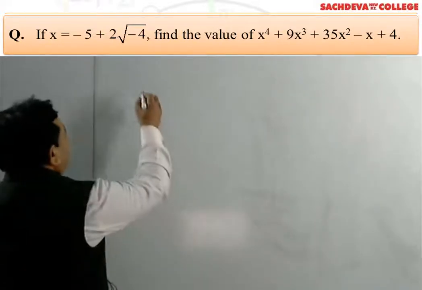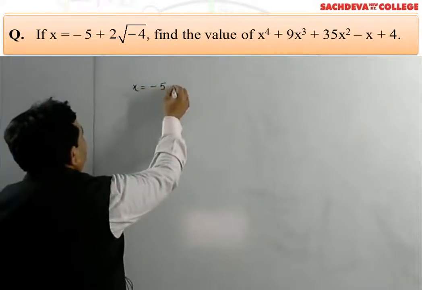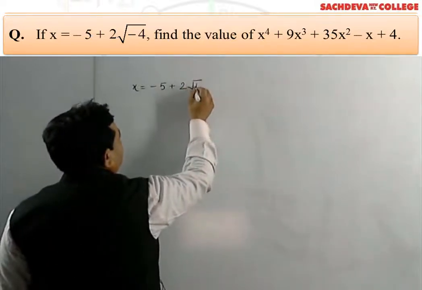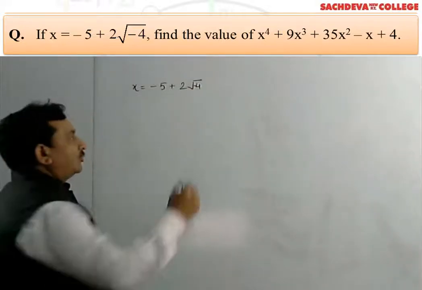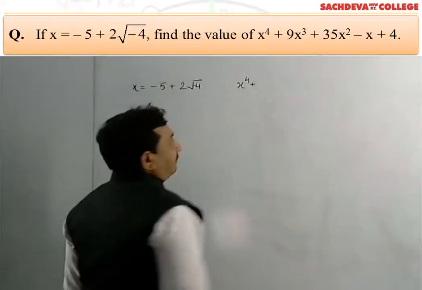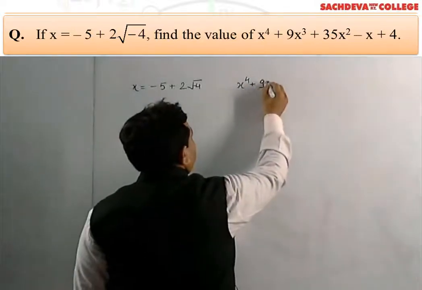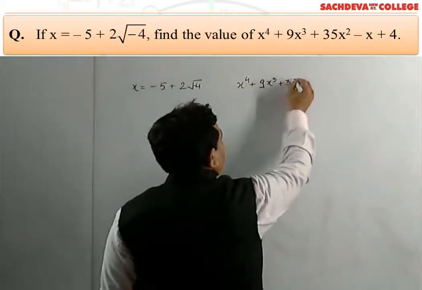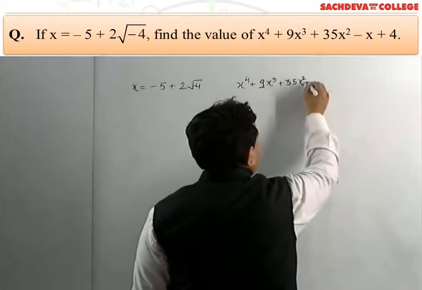So given that x = −5 + 2√(−4), we want to find the value of x⁴ + 9x³ + 35x² − x + 4.